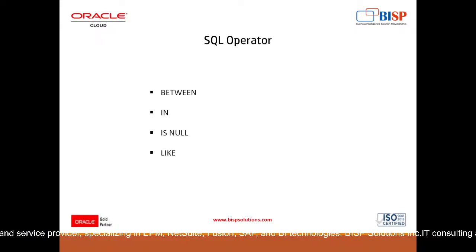It is often used with wildcard characters to indicate any character string match of 0 or more characters, for which we use ampersand, or any single character matches underscore. So these are the SQL operators which we use.